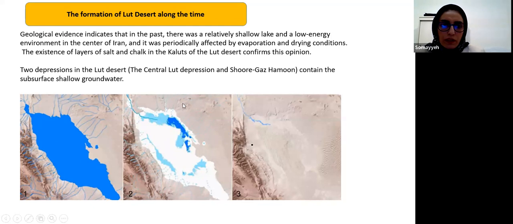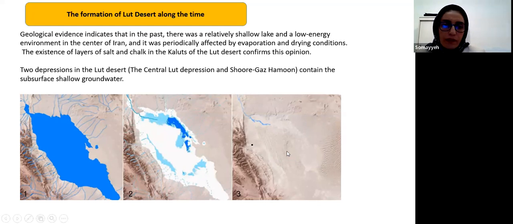The geological evidences indicate that in the past there was a shallow lake in the central part of Iran, and it was periodically affected by evaporation and rain conditions. So the existence of layers of chalk and salt in the callus, and you see this part is the callus in the central part of the Lut, confirms this opinion.